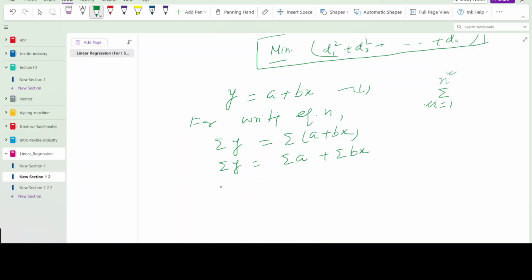Okay, sigma y is equal to, and a is a constant, and if you write a n times, then you will get na. b is a constant, so it will be out of sigma. Thus, we can see that we have arrived at the first normal equation.